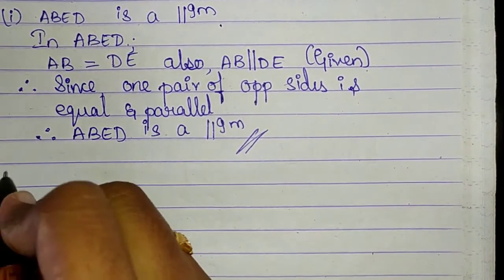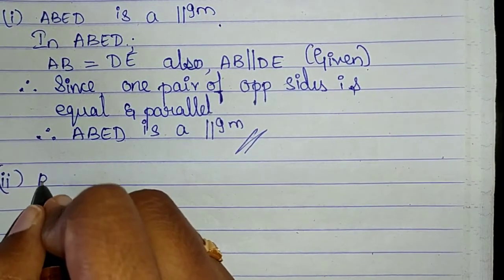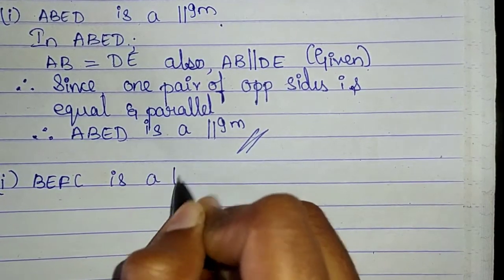So now going to the second sub question, it asks us to show that quadrilateral BEFC is a parallelogram.